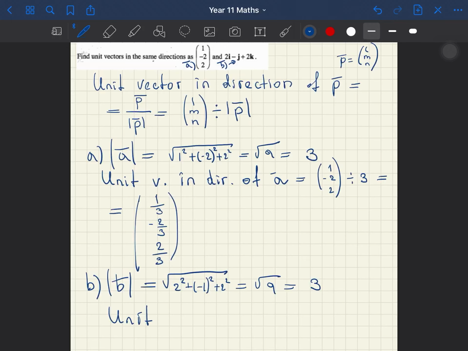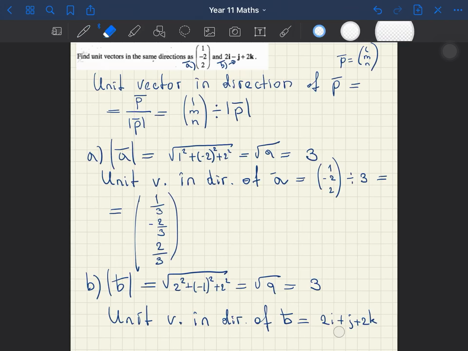The unit vector in the direction of B, and now let's use the form that they use here, equals 2i minus j plus 2k, all divided by 3.